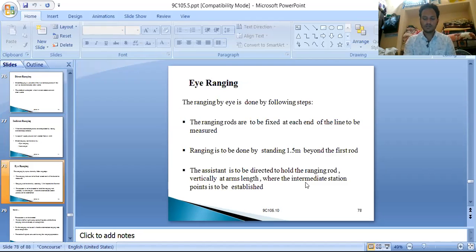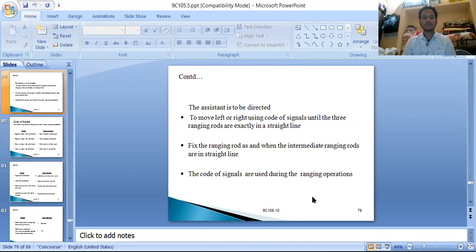The assistant is directed to hold the ranging rod vertically at arm's length, where the intermediate station point is to be established. The assistant is directed to move left or right by code signals until the three ranging rods are clearly in a straight line. Fix the ranging rods, and when the intermediate ranging rods are in a straight line, the line is straight. Code signals are used during the ranging process.